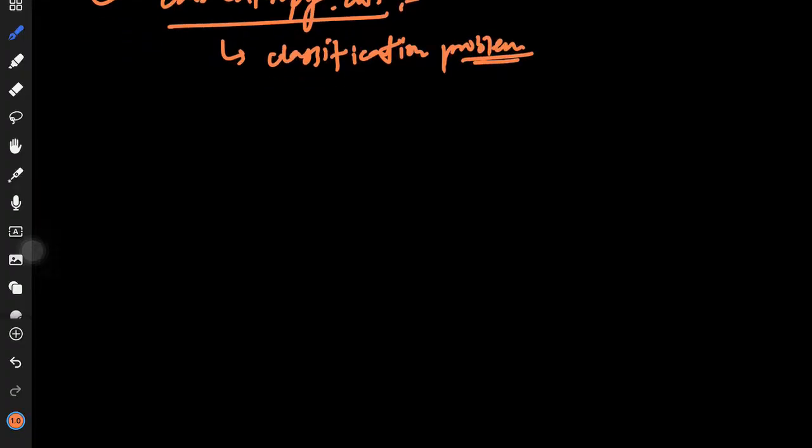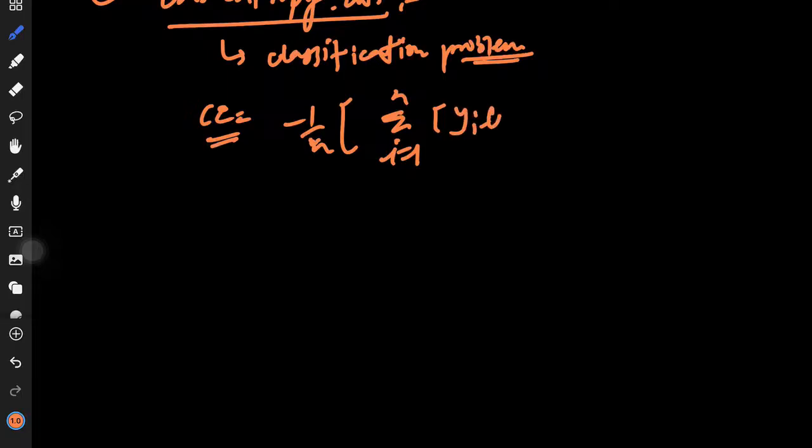It measures the difference between predicted value and the actual labels. The formula of cross entropy is minus 1 by n, then summation of i equal to 1 to n, yi log yi predicted plus 1 minus yi log 1 minus yi predicted.